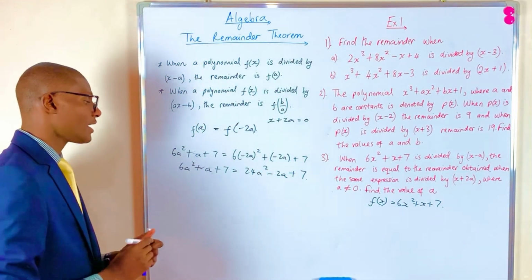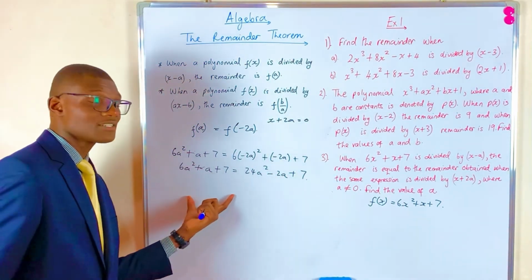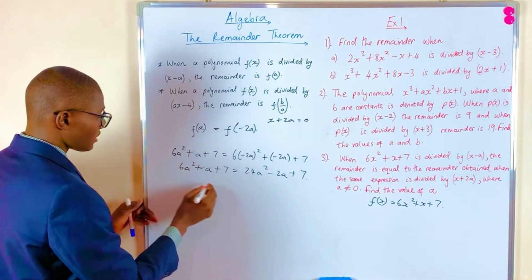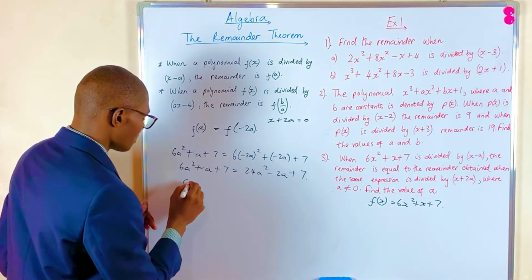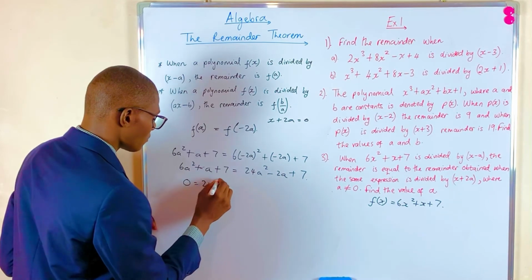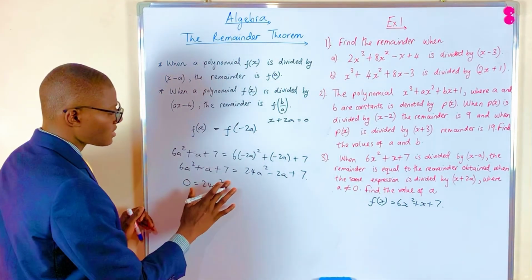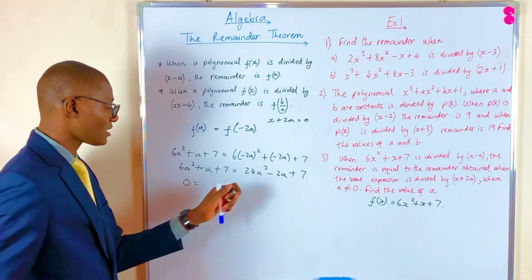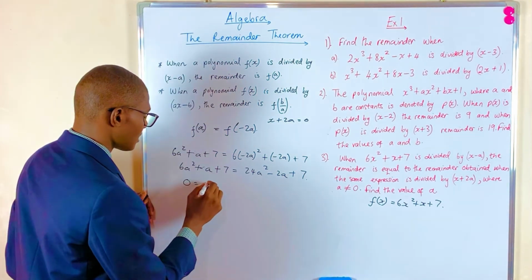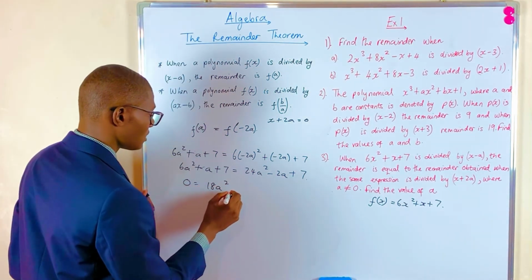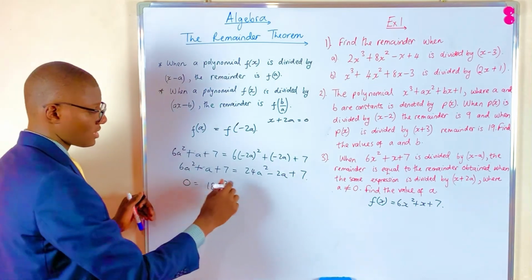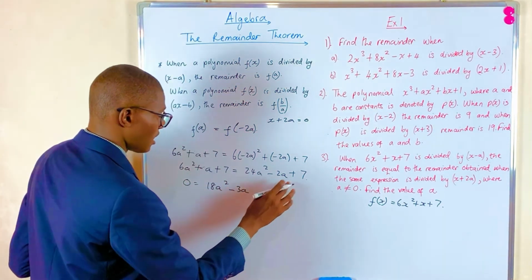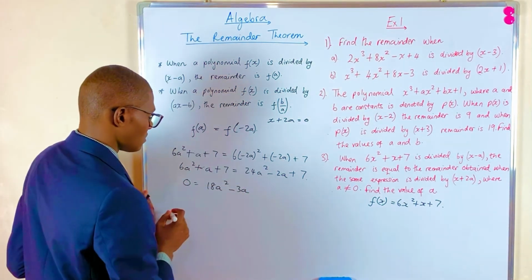And if we take what's on the left hand side to the right hand side, we've got 0 being equal to 24a squared minus 6a squared, that will give us 18a squared, and minus 2a minus a, that will give us minus 3a, then 7 minus 7, that will give us 0.